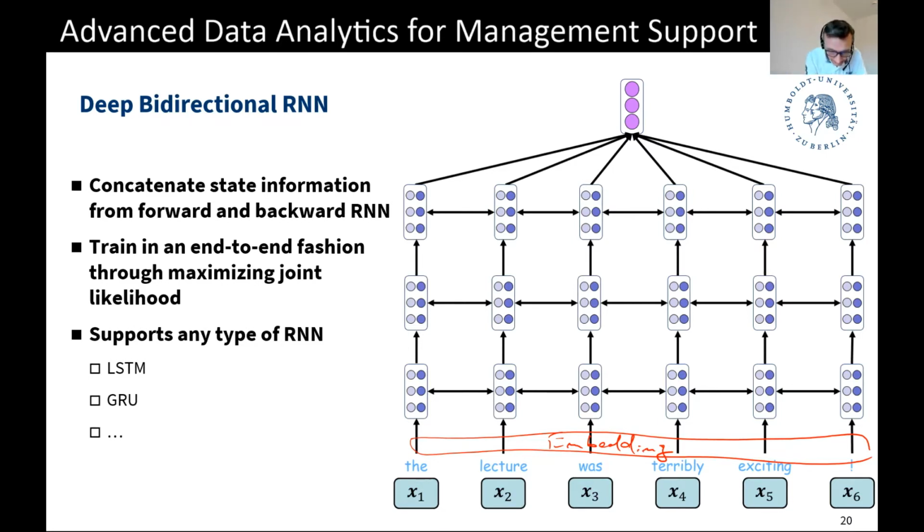So if this is the first level RNN, let's say, it doesn't matter. You can build this architecture with any type of RNN you like.